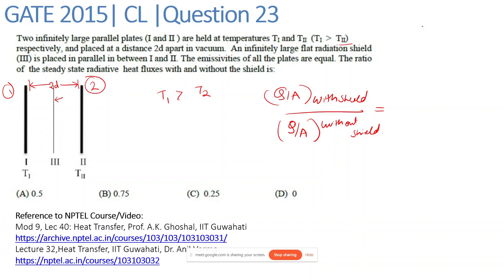Let's say I have two infinitely large parallel plates, this is my first plate, this is my second plate, and I am inserting a radiation shield between these two plates, this is my first radiation shield, second radiation shield. Similarly, I can put n number of radiation shields in between these plates. So corresponding to n, the ratio of heat flux with shield upon heat flux without shield will be equal to.